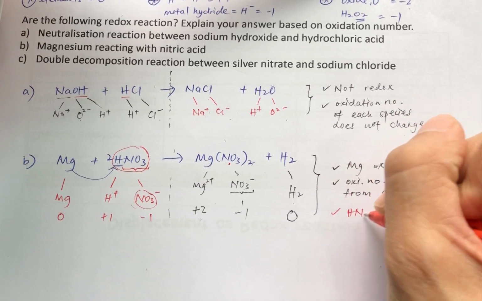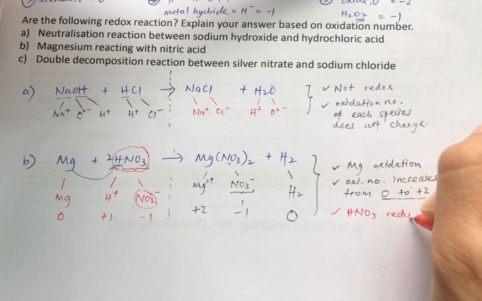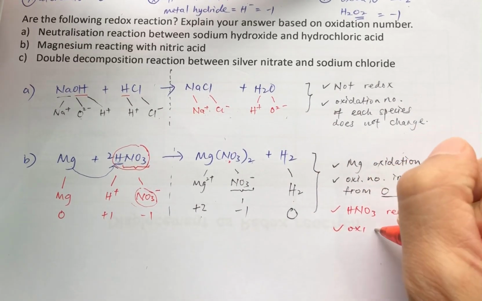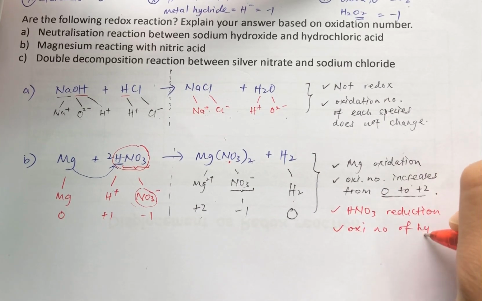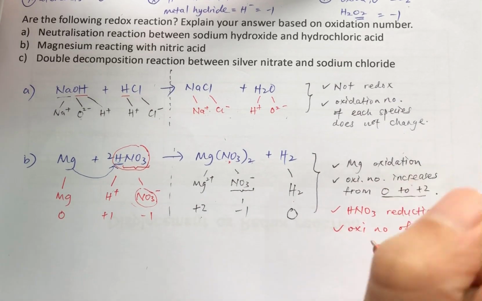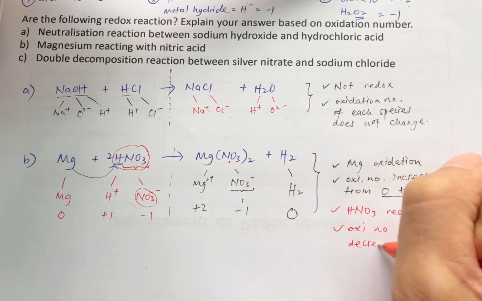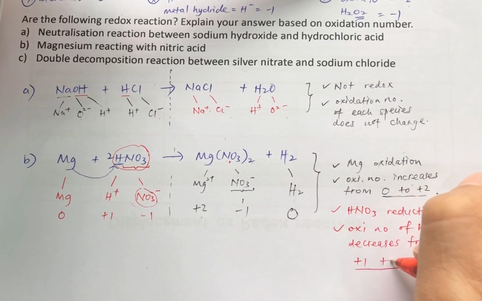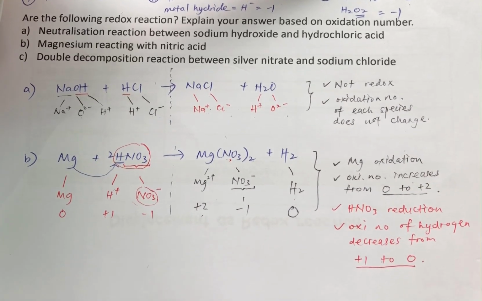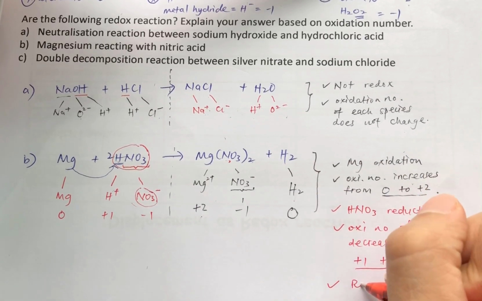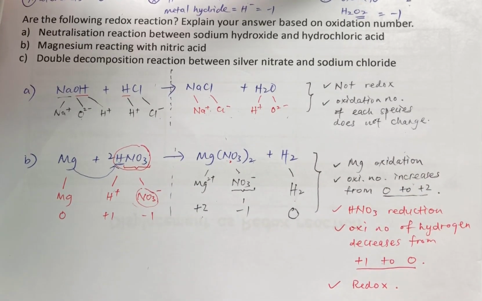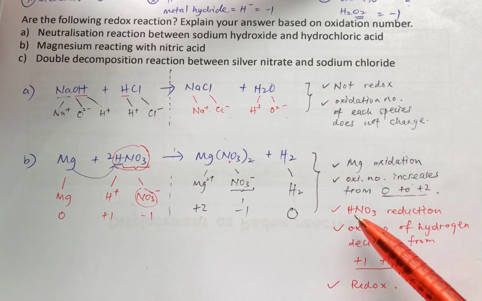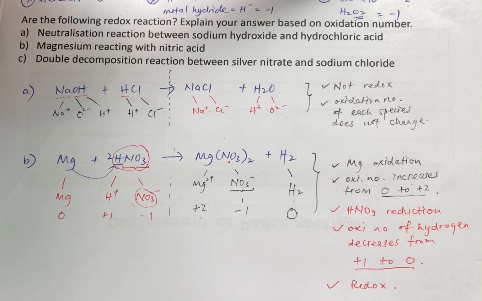The HNO3 undergoes reduction because the oxidation number of hydrogen decreases from +1 to 0. So overall this is a redox reaction because Mg undergoes oxidation and the hydrogen ion in the nitric acid undergoes reduction.